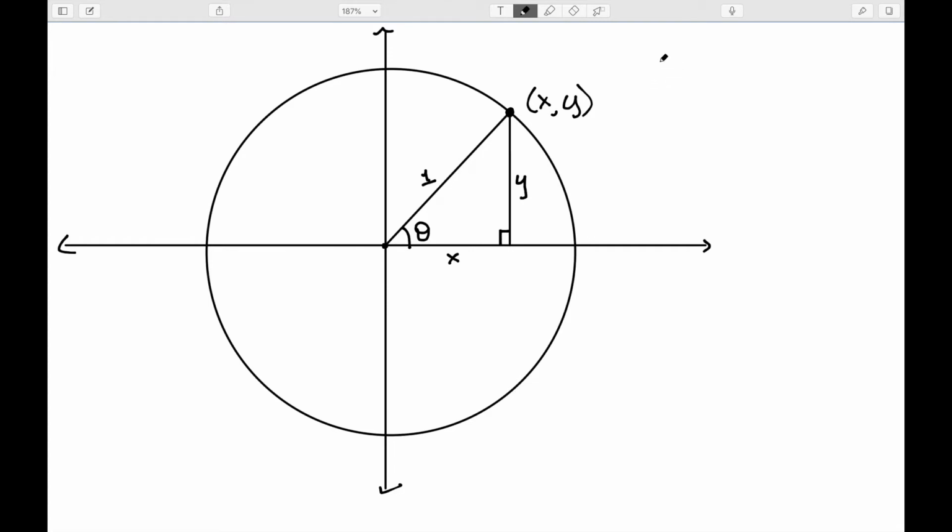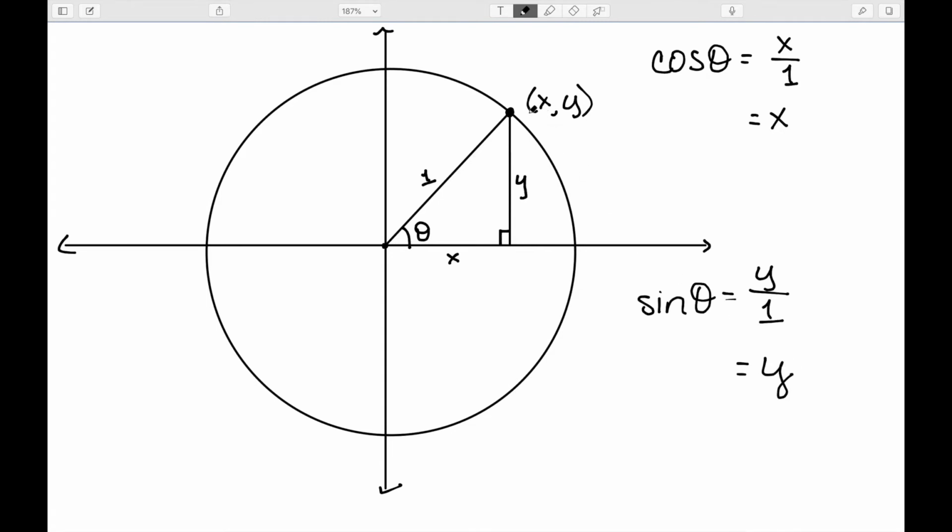Well, in this case, cosine of theta, well, cosine is adjacent over hypotenuse, so x over 1, which is equal to x. Sine of theta is opposite over hypotenuse. The opposite is y. The hypotenuse is 1, so y. So this point on the unit circle is actually given by (cosine theta, sine theta).